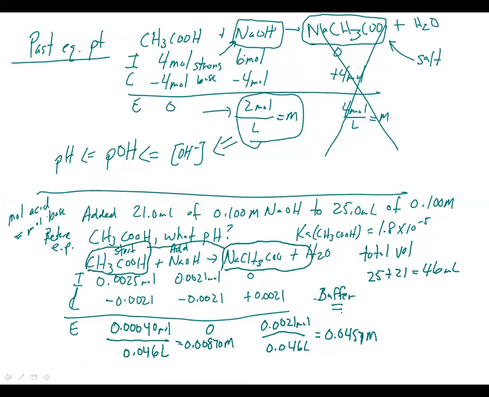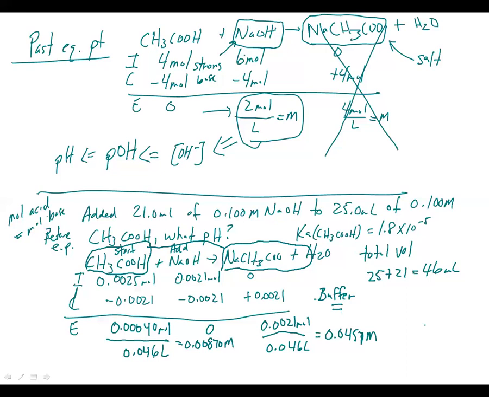And again, you would know that from where you are in the titration curve, because we know before the equivalence point in this type of titration, it is going to be a buffer. So again, you could do an ice table if you want, or the easier move probably is your Henderson-Hasselbalch at this point.